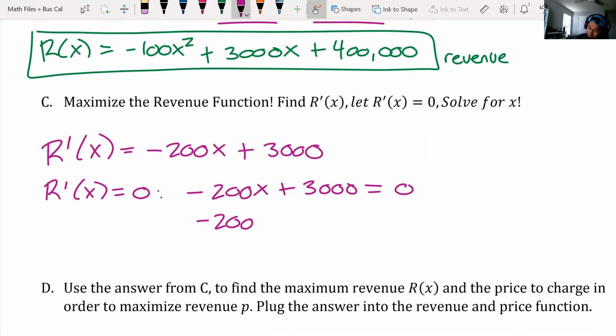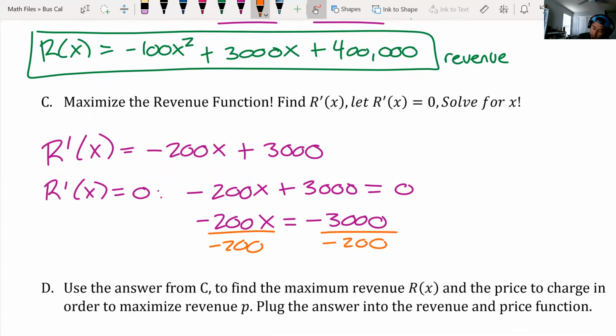You'll get negative 200x equals negative 3,000, and then divide by negative 200. 30 over 2 is 15. X equals 15. Okay, well, 15 is the number of price reductions we can give to get more people in. So this is the number of price reductions.